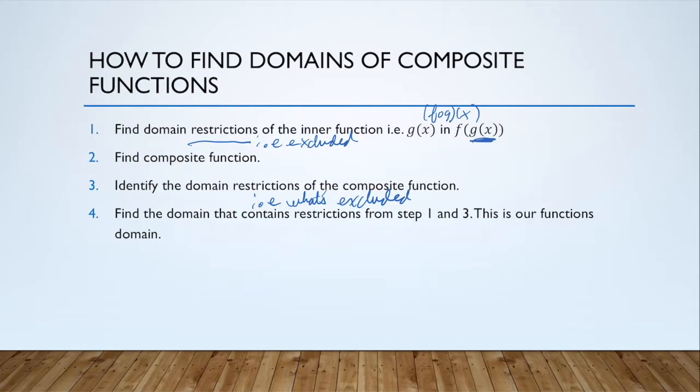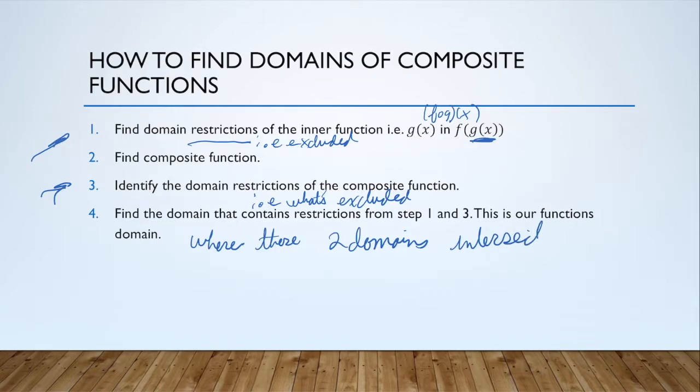Then you're going to find the domain that contains the restrictions from step 1 and step 3, i.e. where those two domains intersect, where they overlap.